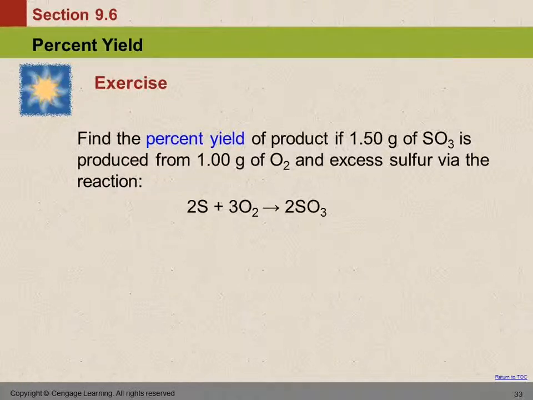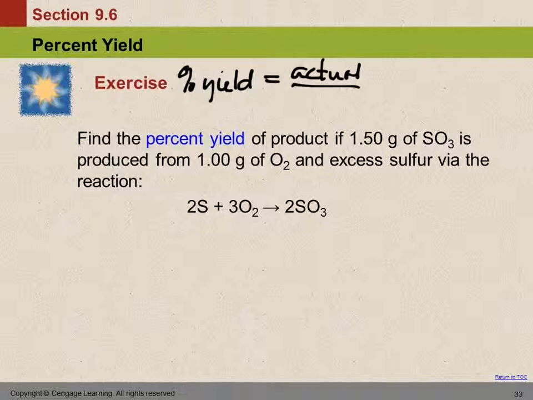Percent yield is what they're asking for. Probably a good idea to write down what the equation is. Percent yield is actual over theoretical times 100%. This tells me that in order to calculate the percent yield, I need to figure out what's the actual yield and what's the theoretical yield.